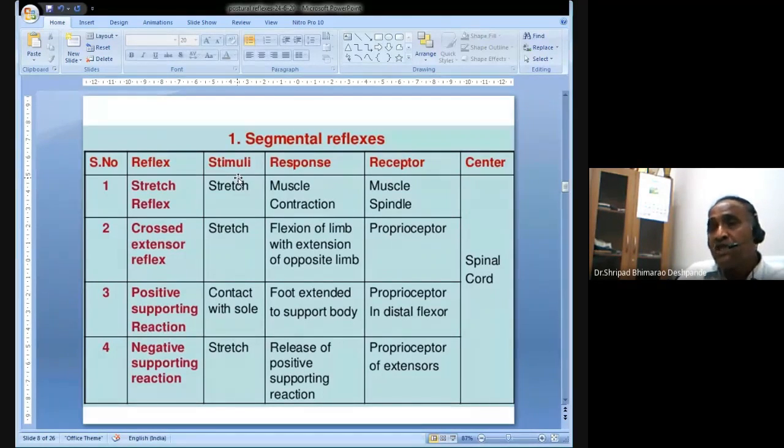Mostly these stretch reflexes are in the extensor group of muscles, because to provide a rigid pillar-like structure, you need those extensor muscles rigid or contracted. These are called the weight-bearing or supporting muscles.